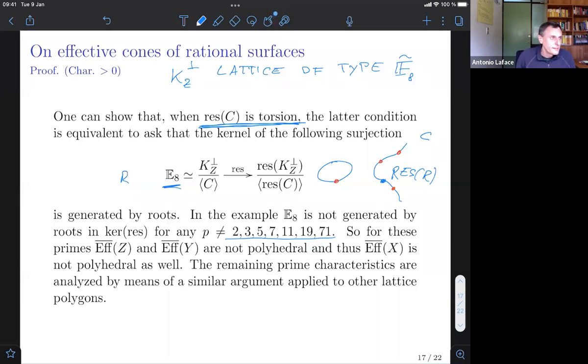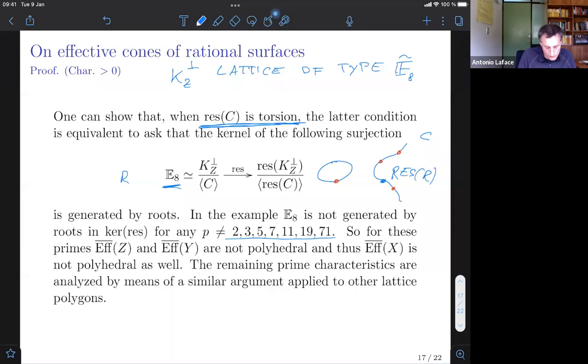Okay, so let me make a comment about this. I do not have time to enter this application, but it is possible to prove that for surjections of normal projective varieties, not just surfaces, if the pseudo-effective cone upstairs is polyhedral, then also downstairs is polyhedral.